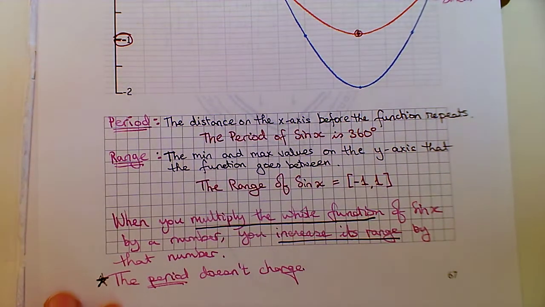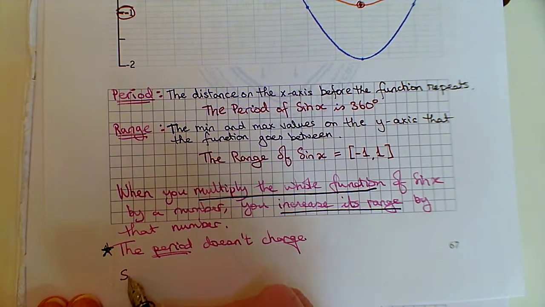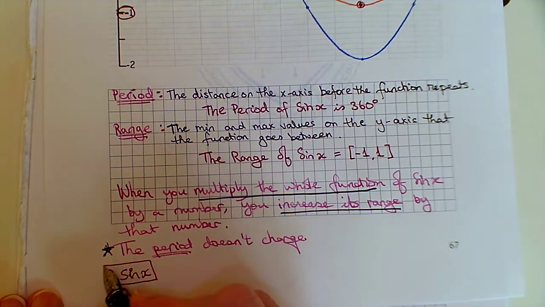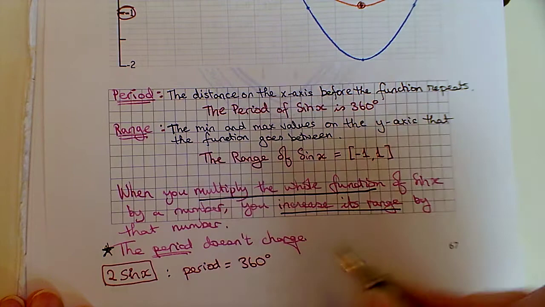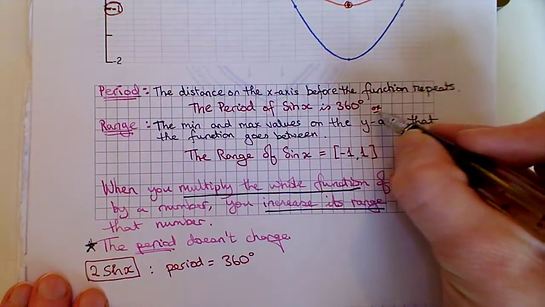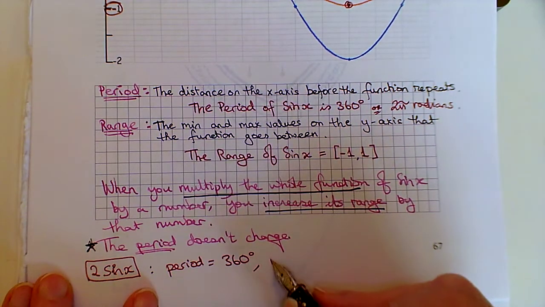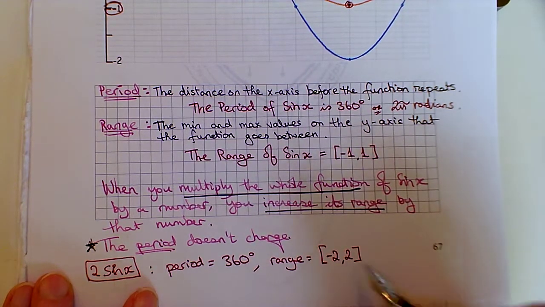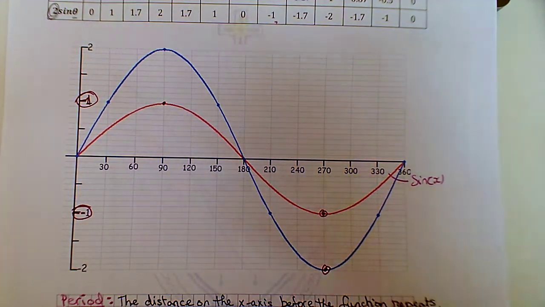What that means is that when I talk about the function 2 times sine of x, the period is still 360 degrees, or if you did it in radians, 2 pi radians, and the range is now -2 to +2. So -2, my minimum value, to +2, my maximum value there.